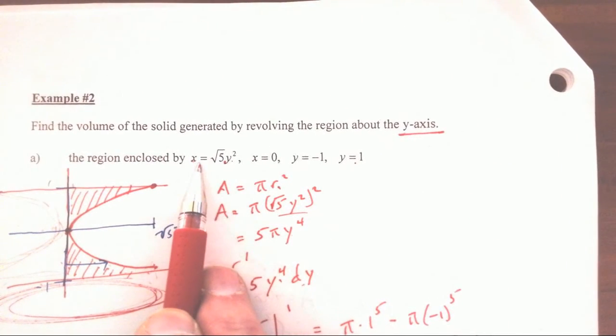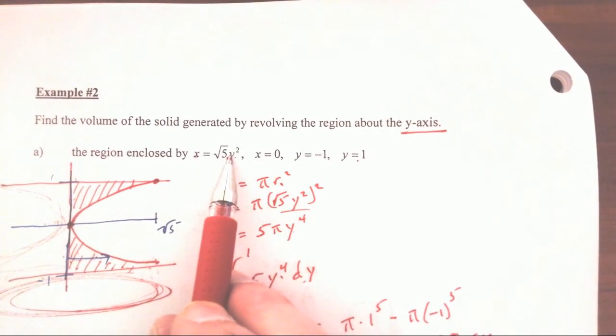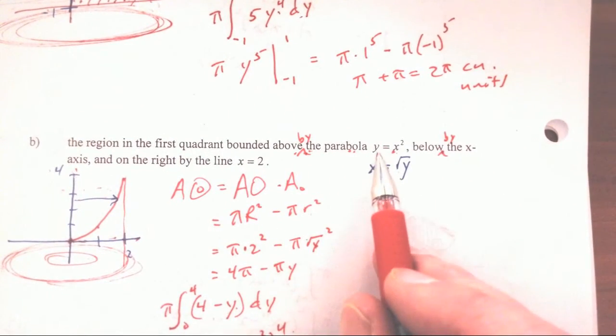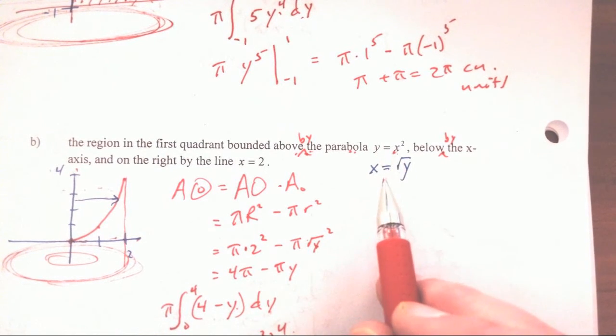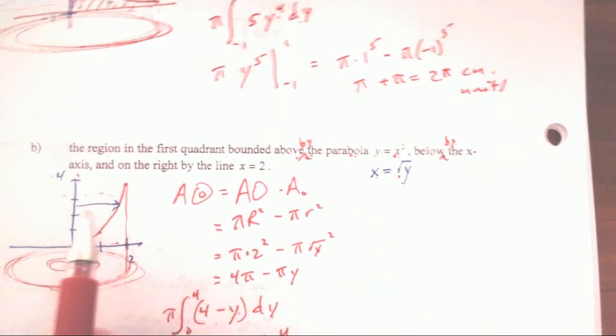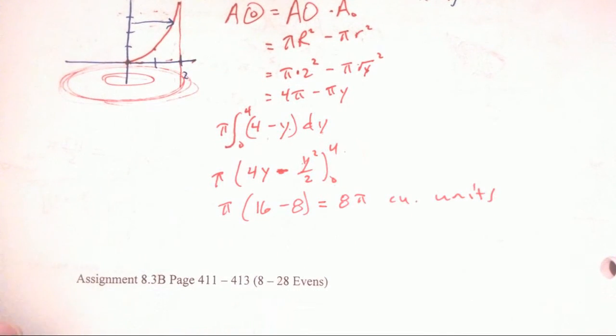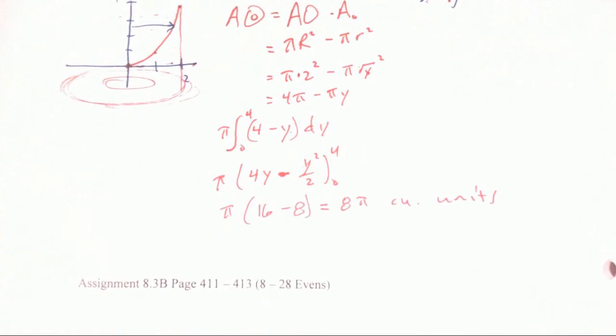In this case, I already had what x equals. Again, x is our radius here. I already had x in terms of y. In this one, I had y is x squared, so I had to go ahead and say, all right, x is the square root of y. Should it be plus or minus? Well, the radius would be a positive value, so we're just going to use the positive in that case. All right, there's your assignment, and let's get after it.